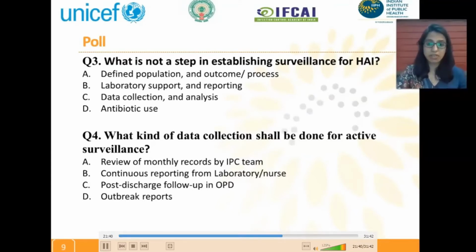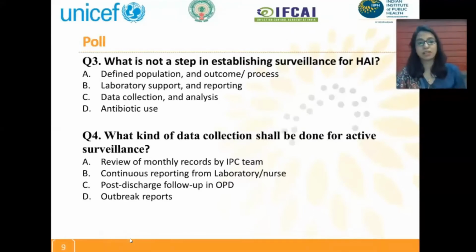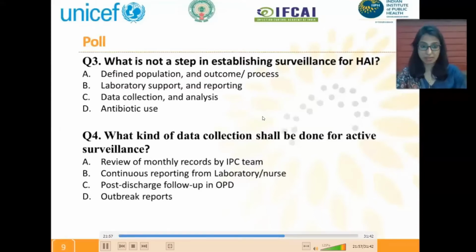That is a decision to be taken after the surveillance is done. It's not one of the steps. However, if you are doing surveillance of antibiotic use, then this could be answered. But in general, in the steps of setting up surveillance for hospital-acquired infections, antibiotic use is not the step.